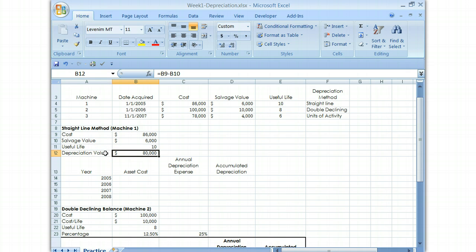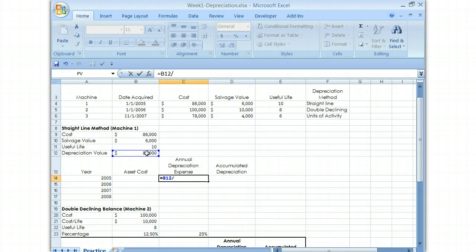So to do that, we want to subtract our salvage value from our cost of our machine, and that gives us our depreciable cost. Now from our depreciable cost, what we want to do is then divide by our useful life in order to come up with our depreciation expense in straight line.